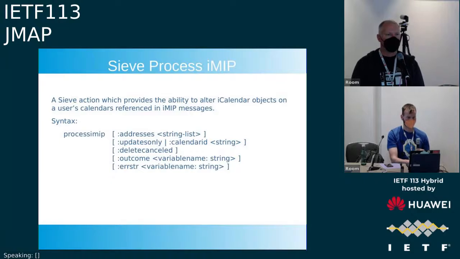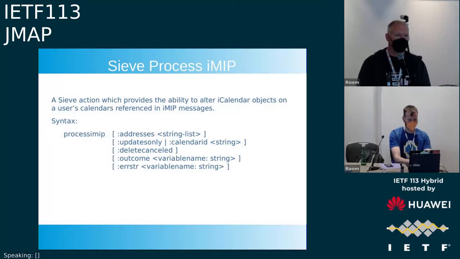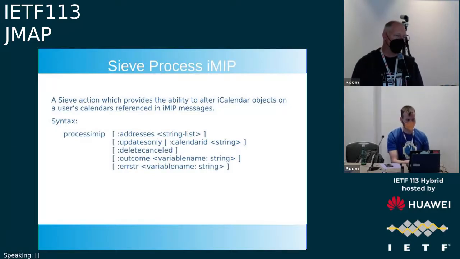2 different variable names, one to give you a set of fixed strings describing what the outcome of the action was. This could be anything from no action to updated to added, and I think there's one other one in the spec, I forget what it is off the top of my head. And the last option is another optional variable, which would give you a human-readable string explaining the actual outcome, most notably if it's an error or a failure.